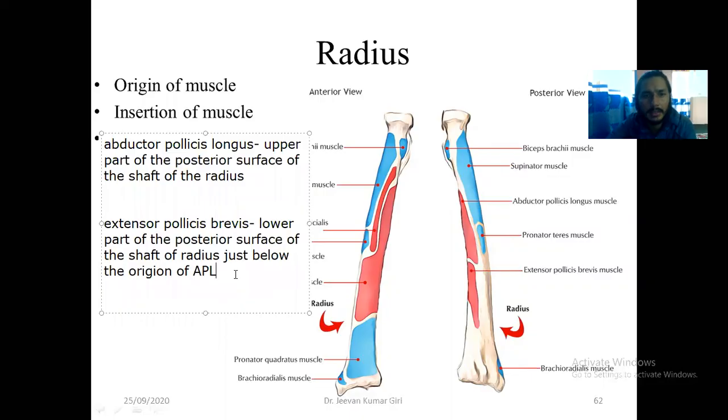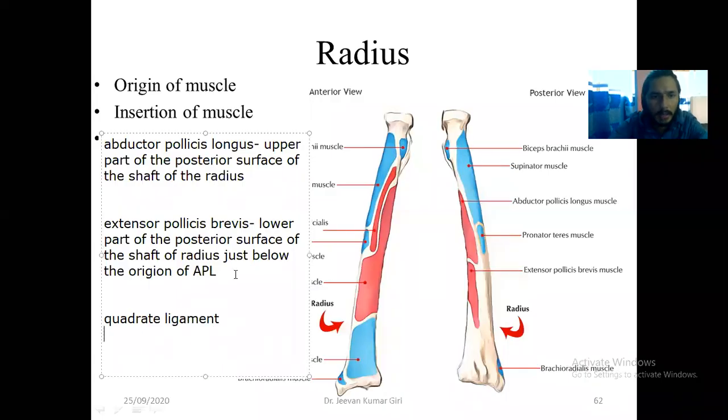Then the other structures, the ligaments, you will find here: the quadrate ligament, the oblique cord.